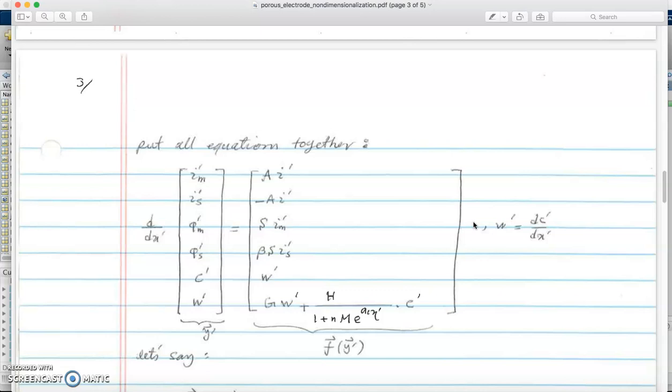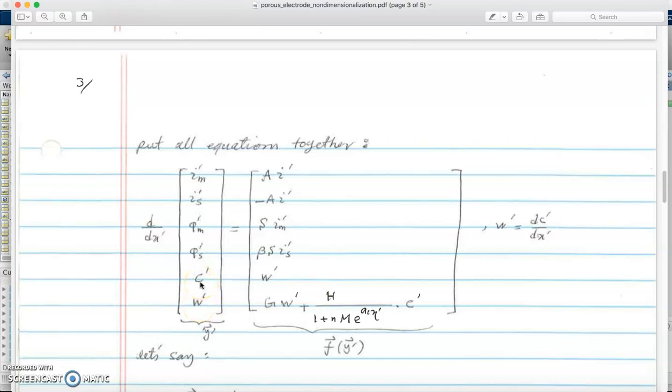where Im is the current in the electrode or in the matrix, Is is the current in the solution, phi m and phi s are the potentials in the matrix or electrode and in the solution, C is the concentration of the species that we want to absorb by the surface, and W is the first derivative of the concentration.